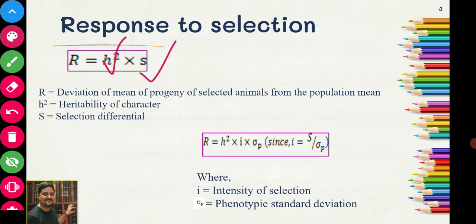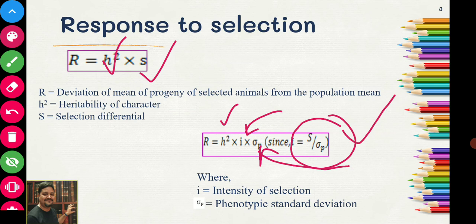Now if you further expand this formula, you will get R, that is response to selection, equal to h square into I into sigma p. What is I? I is the intensity of selection, and sigma p is the phenotypic standard deviation of the trait. Why is this I into sigma p? Because I is equal to S by sigma p, that is, selection differential divided by the phenotypic standard deviation of the trait.